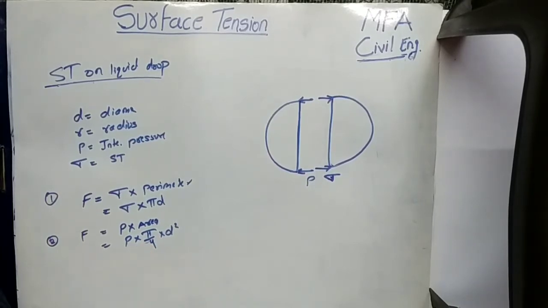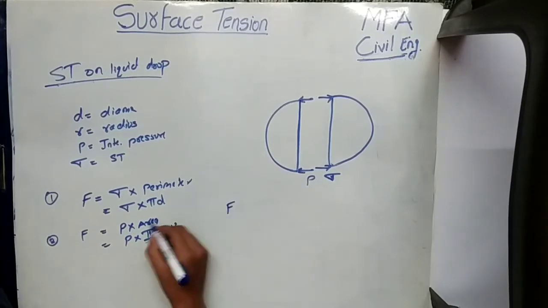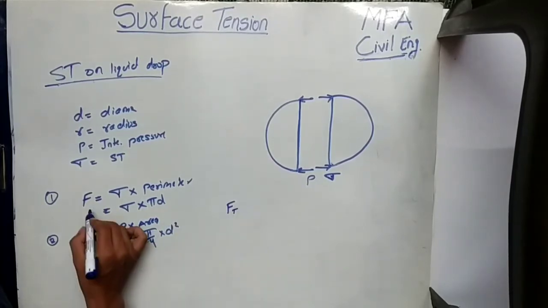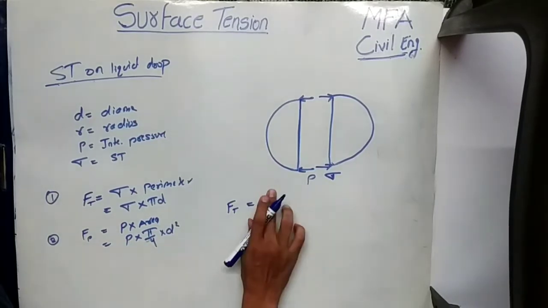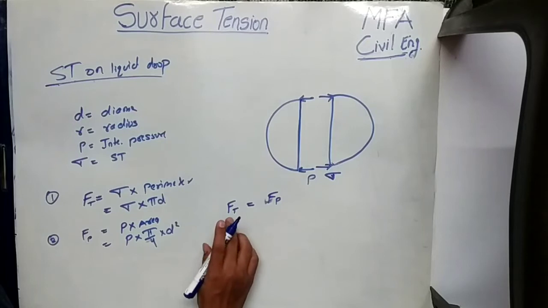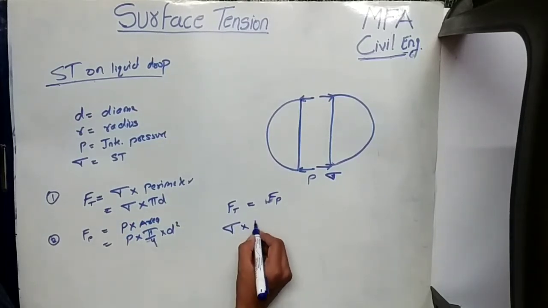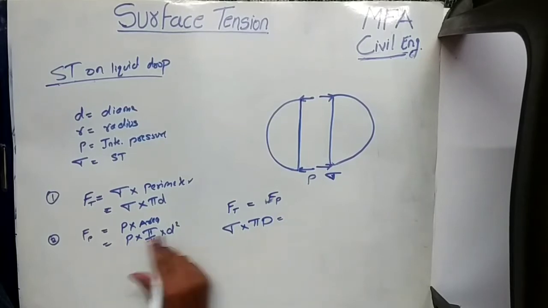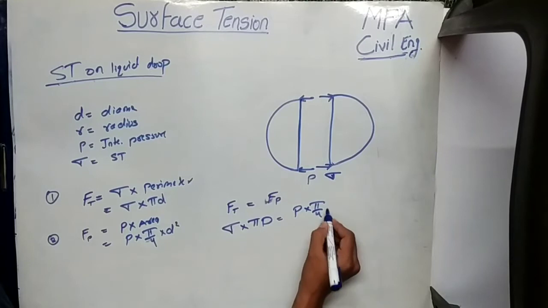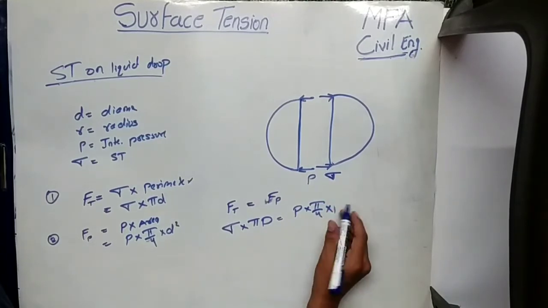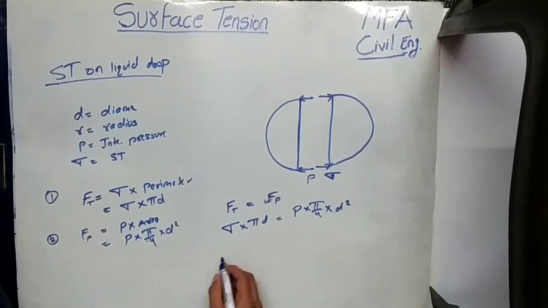Now for the equilibrium condition, both forces should be the same, so the force due to surface tension is equal to the force due to pressure. Sigma into pi into d is equal to P into pi by 4 into d square, where d is the diameter.